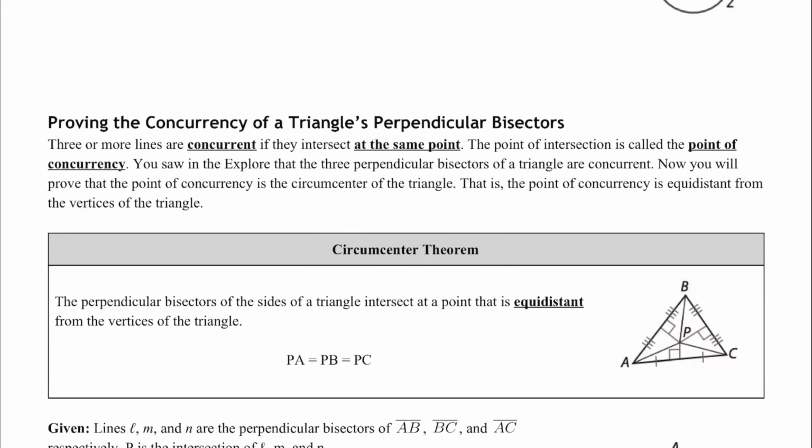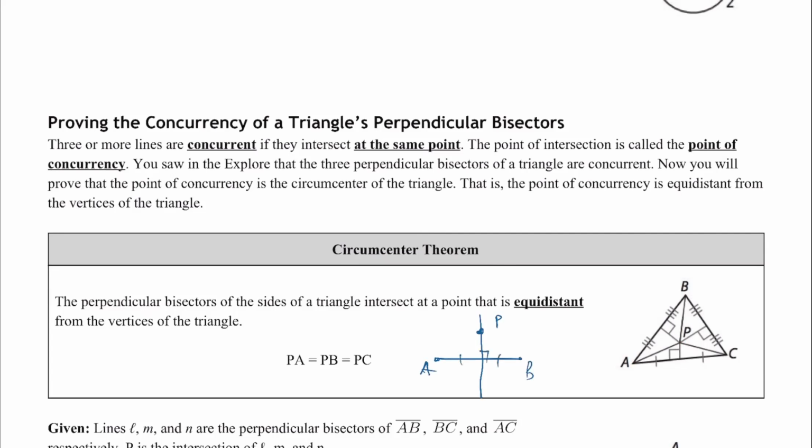This harkens back to what we learned in the past, right? Do you remember the perpendicular bisector theorem? If you have a point, let's say P, on a perpendicular bisector, let us say that this right here is a perpendicular bisector of segment AB.